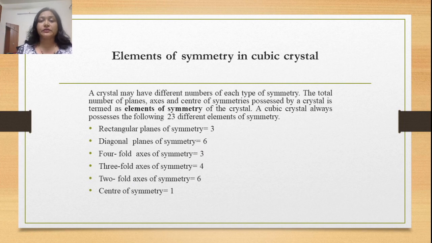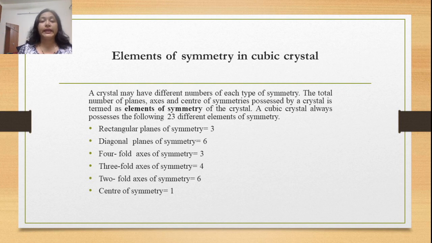Now the elements of symmetry in a cubic crystal. Every crystal may have different numbers of each type of symmetry. If we take the example of a cubic crystal, then the elements of symmetry in a cubic crystal are 23.